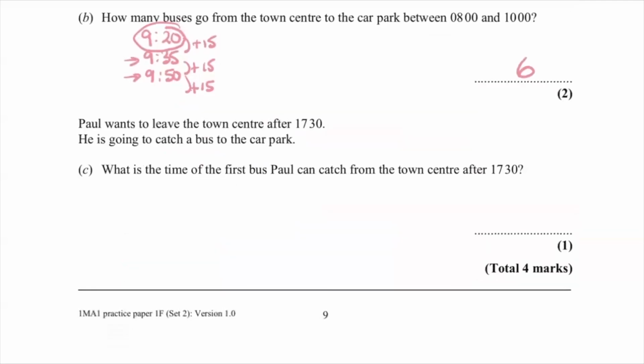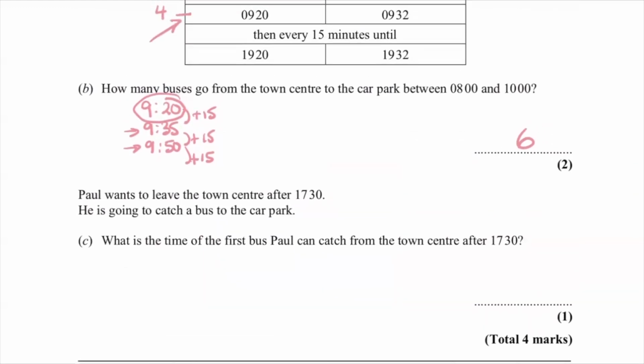So Paul wants to leave the town centre at 7:30. He's going to catch a bus to the car park. What is the time of the first bus Paul can catch after 7:30? The timetable is telling us here that it's every 15 minutes until 20 past 7. So our time is running in this section here. Now look at what we've already worked on.